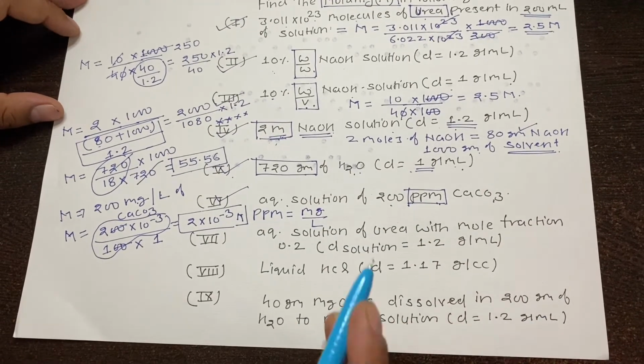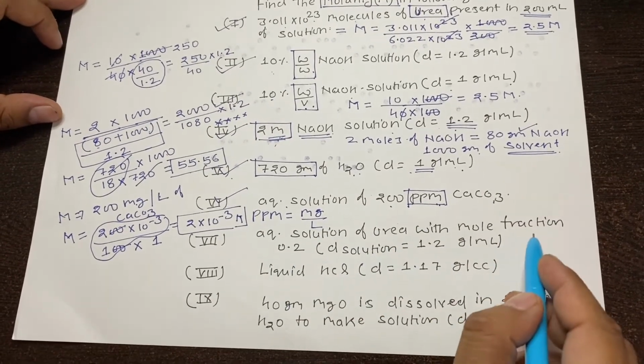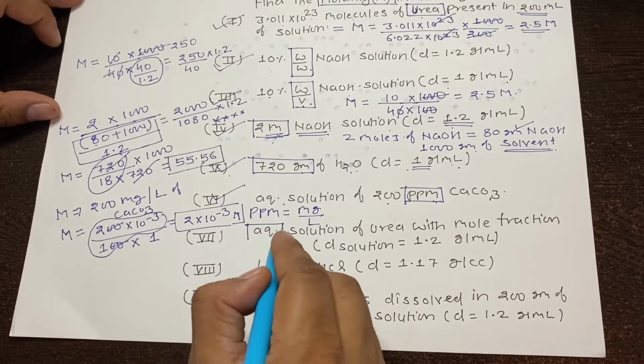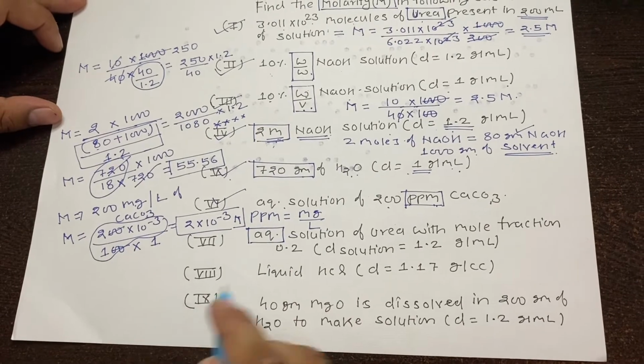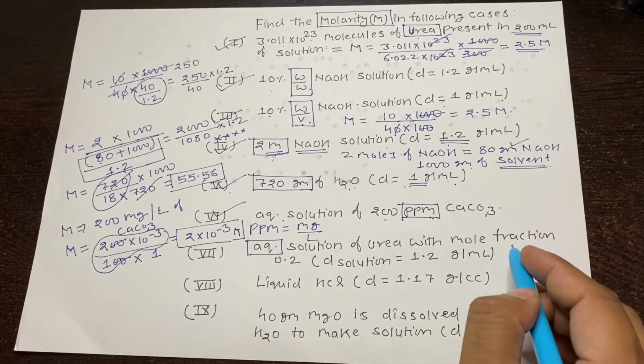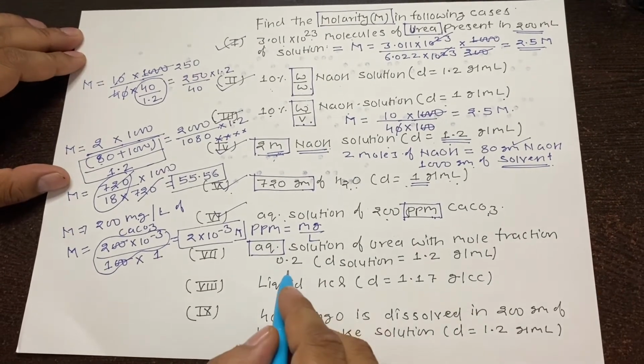In the next part, aqueous solution of urea with mole fraction 0.2 is given. It is to be noted that an aqueous solution of urea is given. So the mole fraction of solvent will be 0.8, because the mole fraction of solute is 0.2.